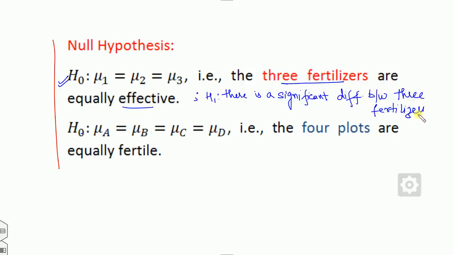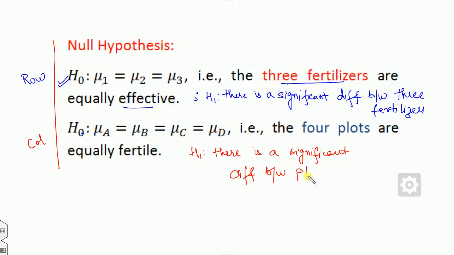This is my H1 for factor 1, that is row wise, and similarly this is for the column. What is my H1 for the column? There is a significant difference between the plots. So we have to check whether this hypothesis is true or not.